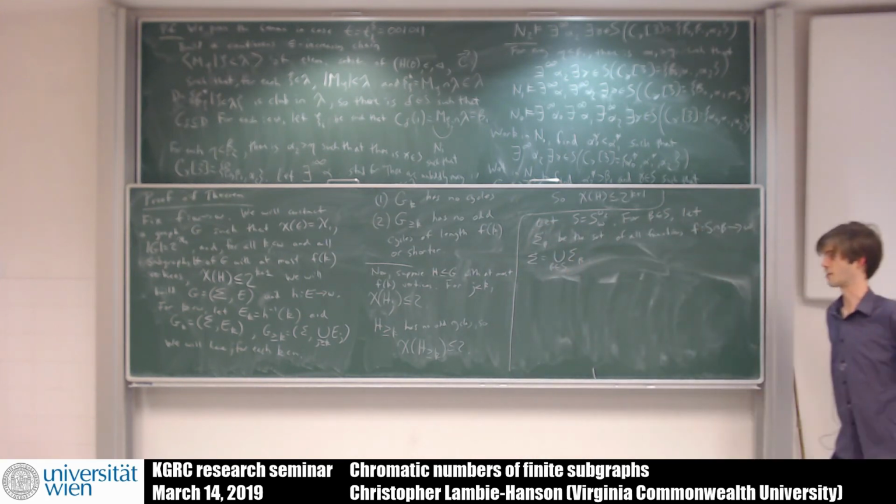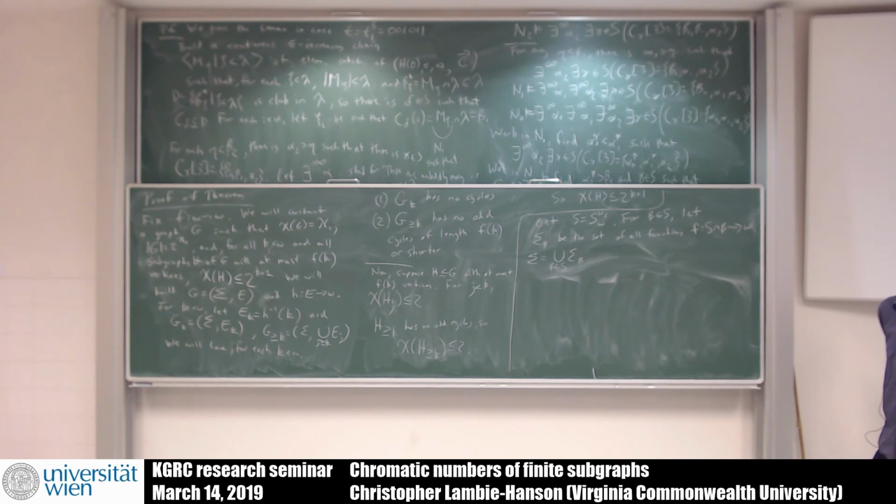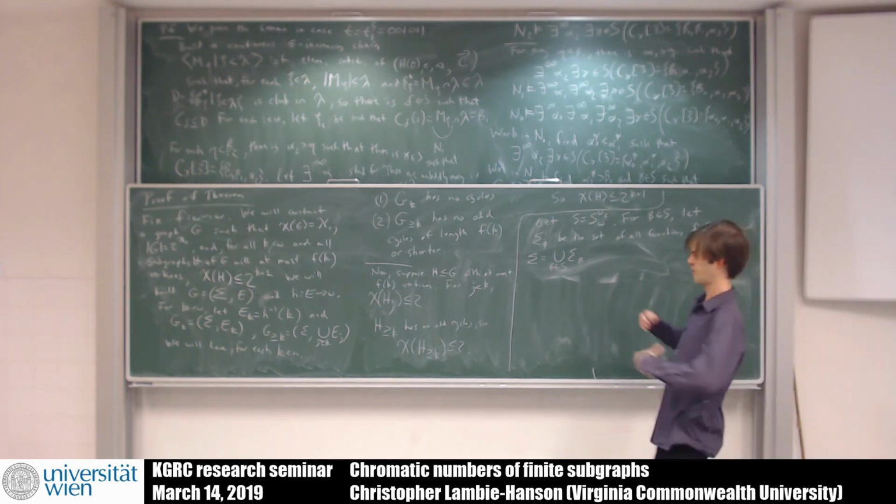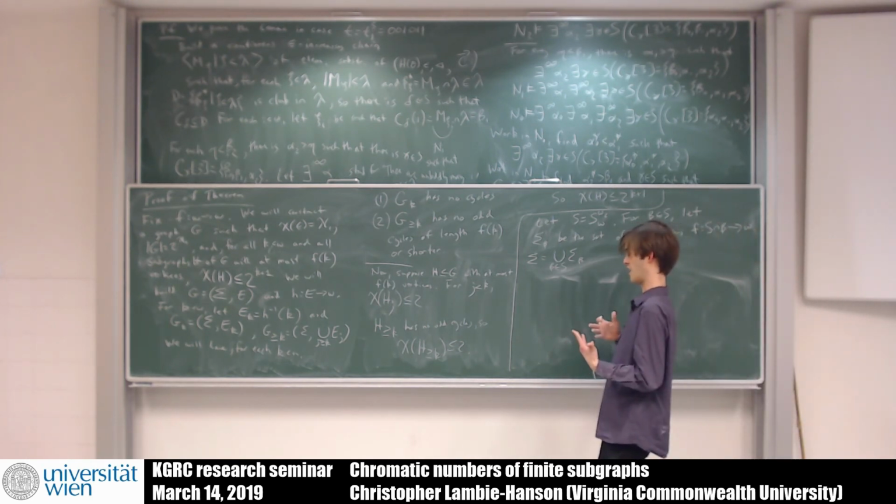So sigma is the set of all functions from initial segments of S to omega. Okay, this will be our vertex set. I'll define in stages how we define the edge set.